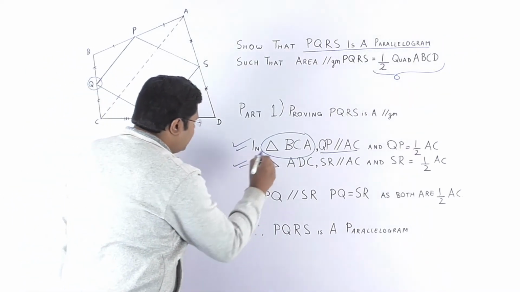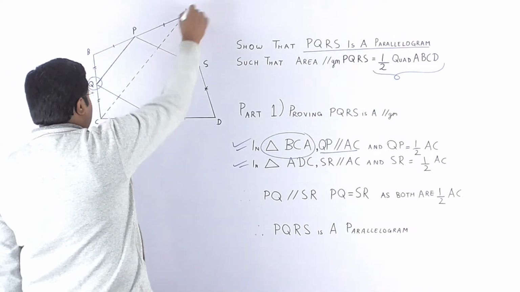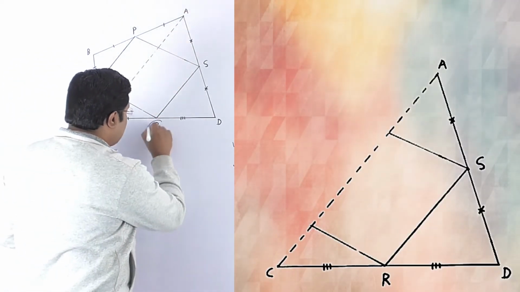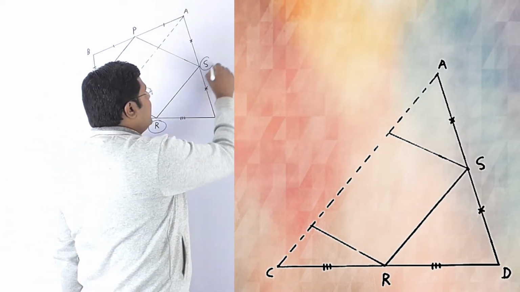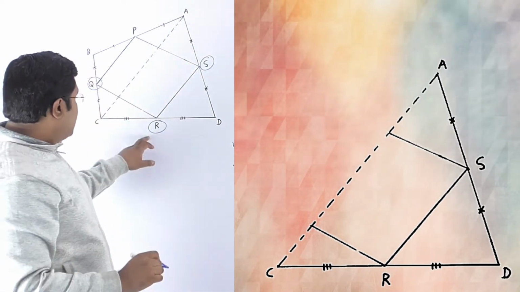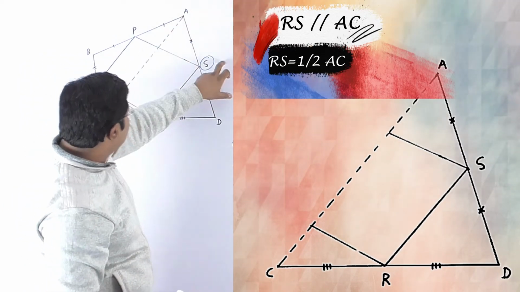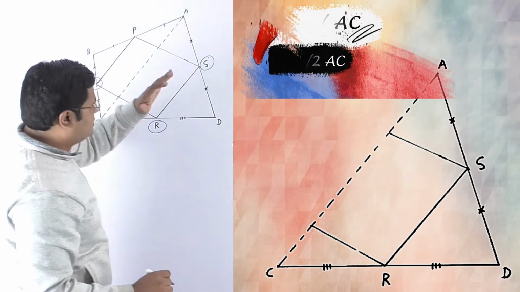Next we consider triangle ACD. In this triangle also R is the midpoint and S is the midpoint. So RS is parallel to AC and RS is half of AC.